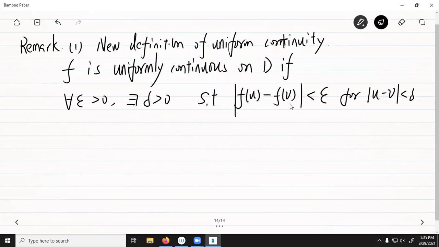Okay, we don't need to say u, v must be in D separately, because we need to calculate f of u and f of v, right? So u, v must be inside D. Otherwise, it's undefined, right?